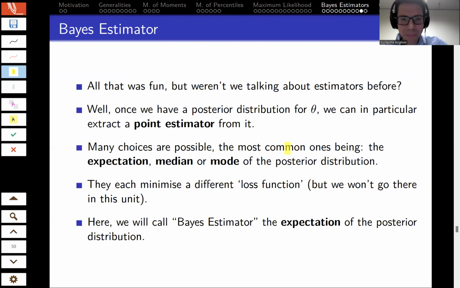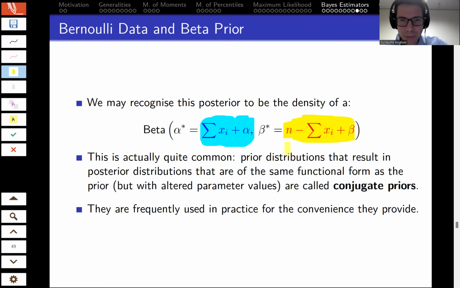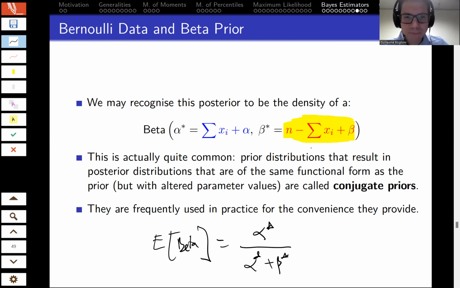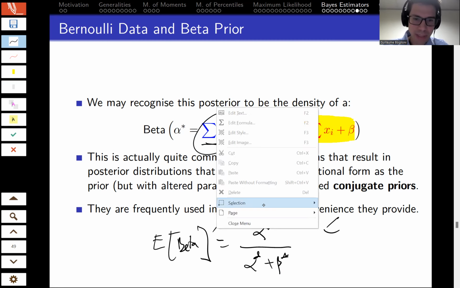Now, as a comment, just quickly, you know that the expected value of a beta is the alpha parameter divided by the alpha parameter plus the beta. Let's call them alpha star here, alpha star here, alpha star here, just to mean it's those ones. What do you notice? The bigger the sum of the x's, the bigger this will be, because on the numerator, bigger x means that it's going to make this increase.